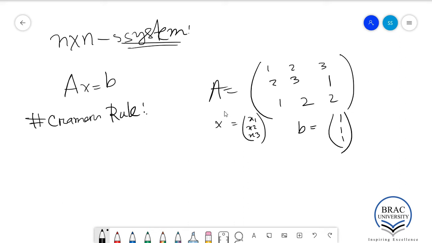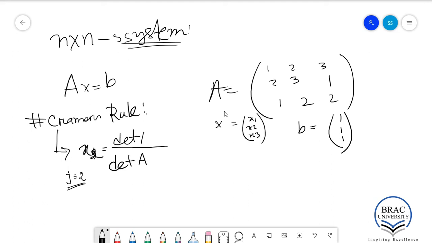So now we want to use Cramer's rule. Cramer's rule tells us that if you want to find the variable xj, first you need to calculate the determinant of A, that is your coefficient matrix. Let's say for our case I want to solve for x2, so j equals 2.